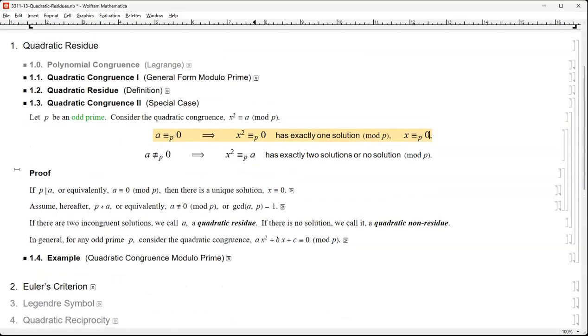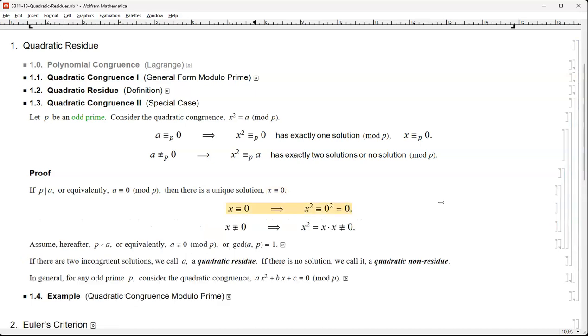If P divides A, or equivalently A is congruent to 0 mod P, yes, these two are always equivalent whenever P is a prime, then there's a unique solution, X is 0. It's easy to see 0 is actually a solution. 0 squared is 0, no problem there. Now what if X is non-zero?